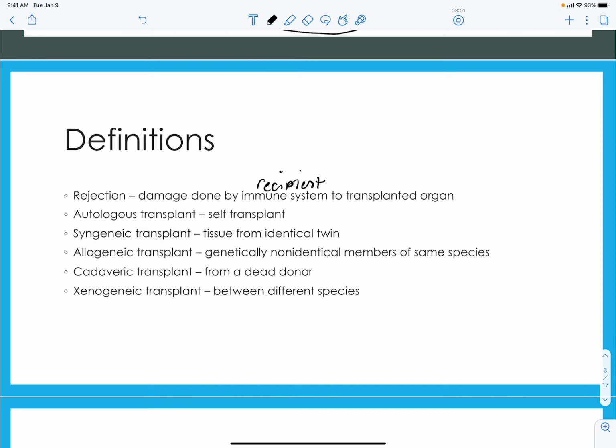Syngeneic, of course, is going to be a tissue from an identical twin, and then all of the others are allo or allogenic transplants. And these are the ones that have to be HLA matched. And also, you can have cadaveric transplants, and these are tissues from a dead person, for example. And xenogenetic transplants are between species, and we briefly discussed why pigs who have organ sizes similar to ours are often thought about with respect to the xenogenetic transplant.